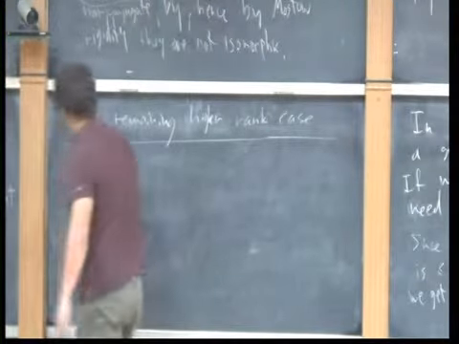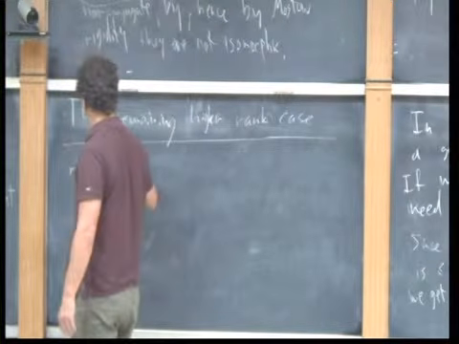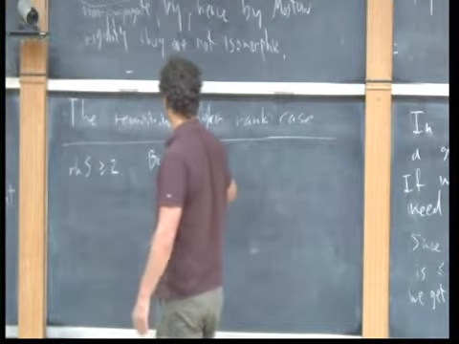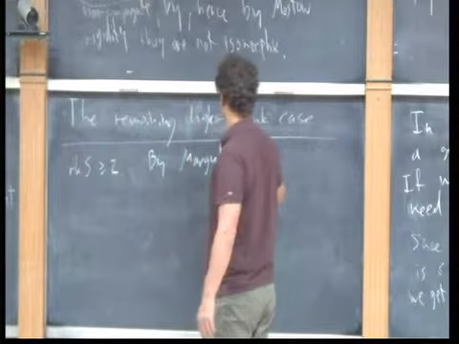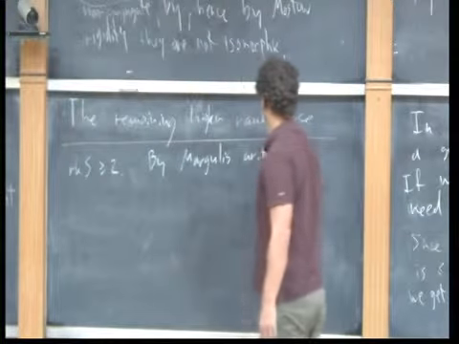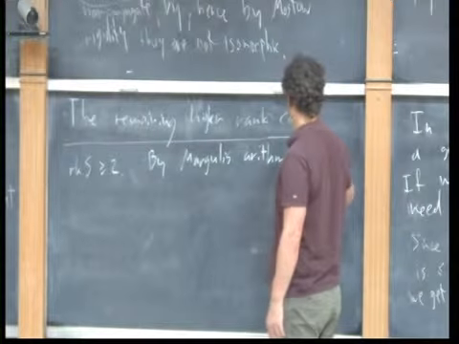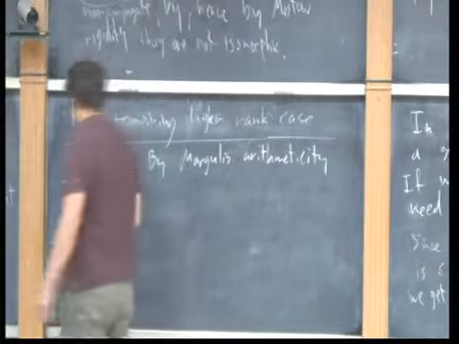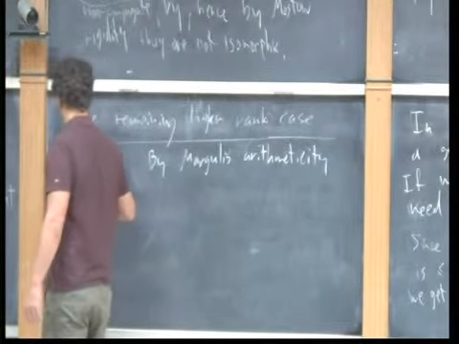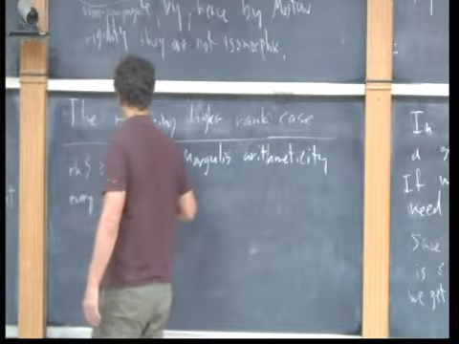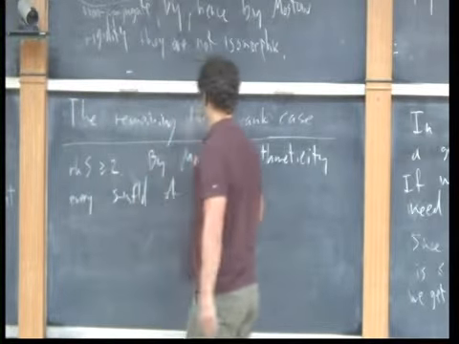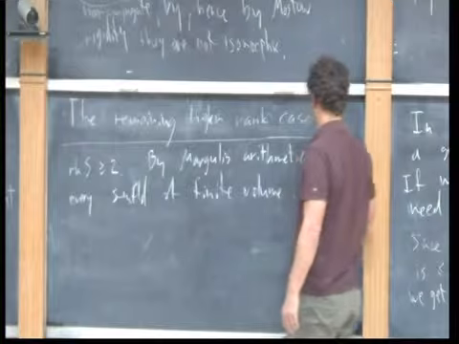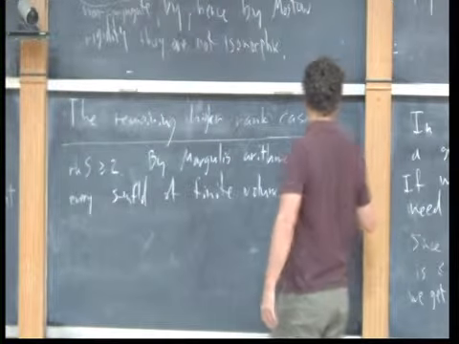So we assume that rank S is at least 2. In that case, by the Margulis arithmeticity theorem, every S-manifold of finite volume is arithmetic.